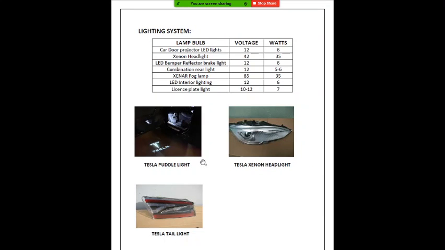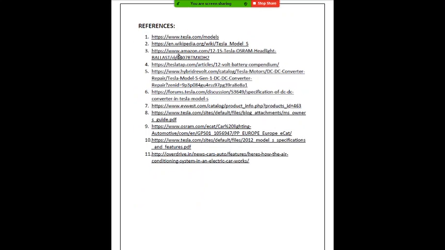These are the references which I searched for getting the details on the electrical loads and other things of the Tesla Model S. From this assignment, I came across many things.